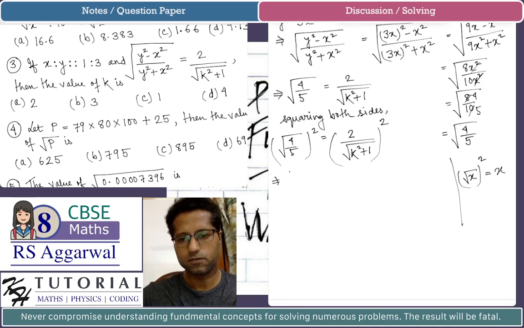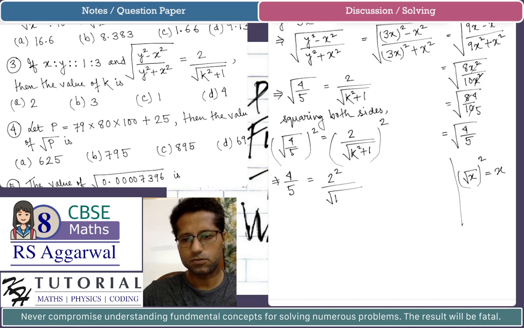So this implies 4 by 5 is equal to 2² divided by (k² plus 1) whole square, where 2 by the square root of k² plus 1, squared, gives that.